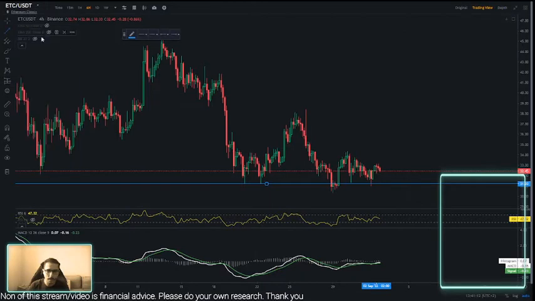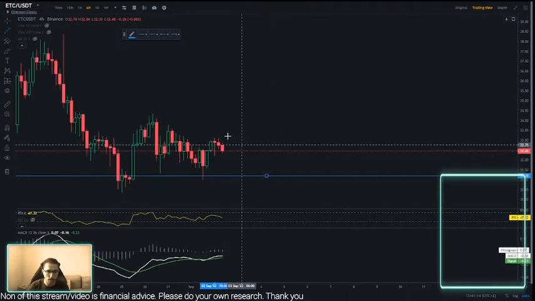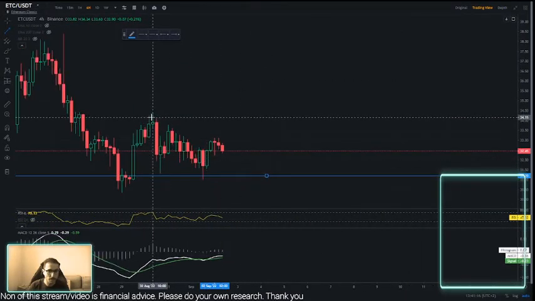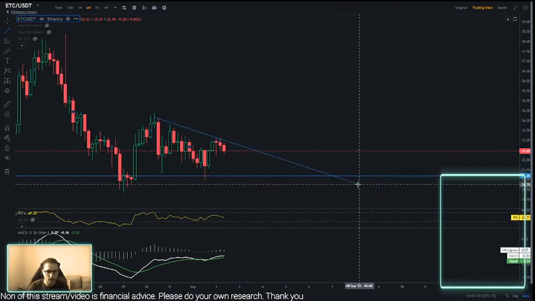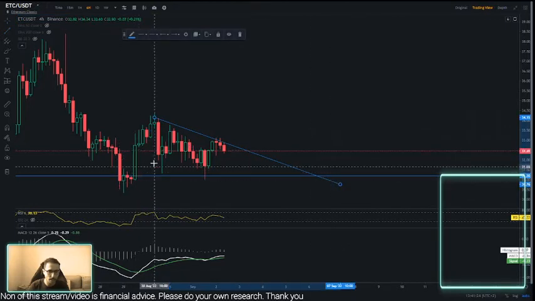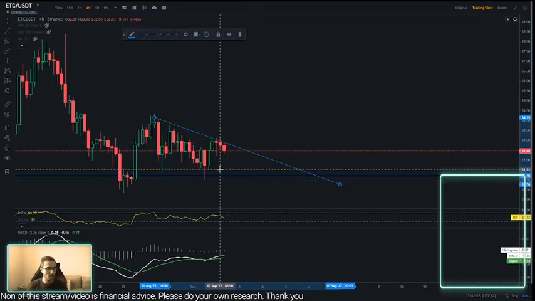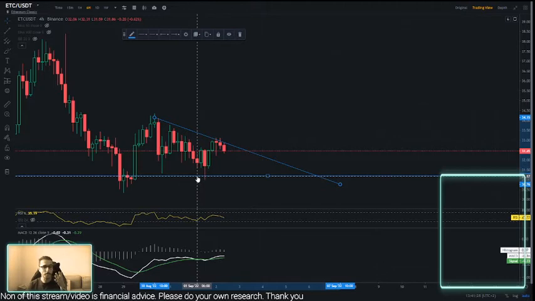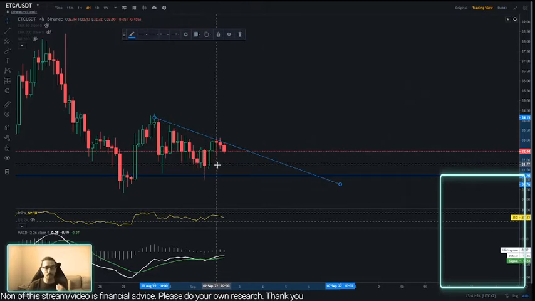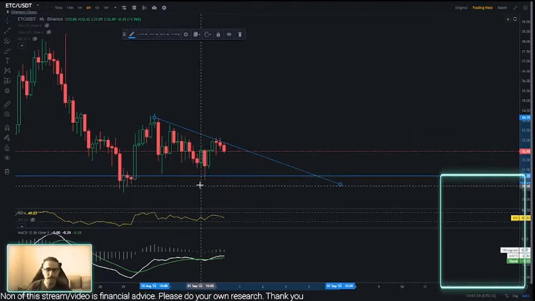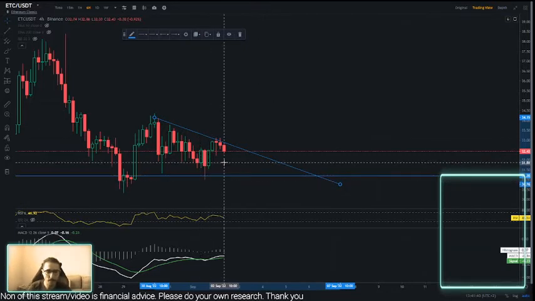Now, have we also got a triangle? Yes, we do have the same triangle. Although we have not reached the same size, we do have the same descending triangle. So again, a coin that has the same data in two different time frames is something pretty new. At least it's a first for our live stream, so that's interesting.